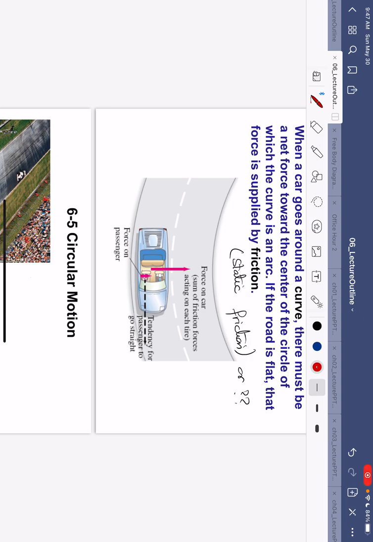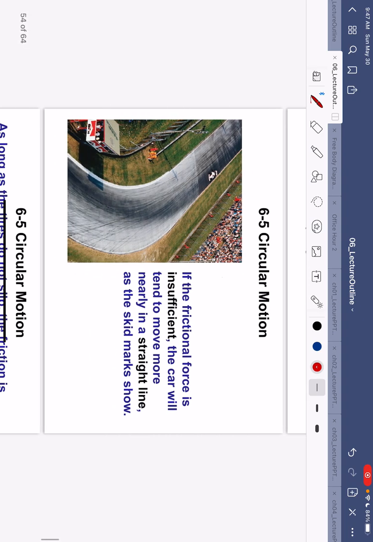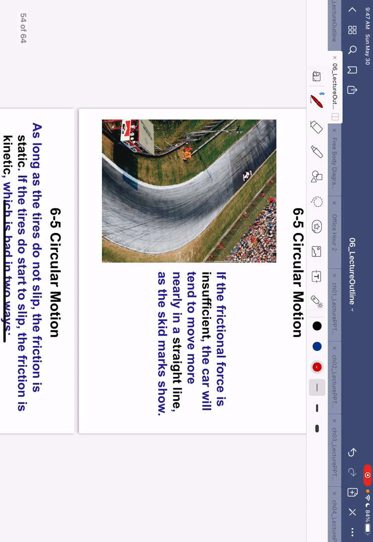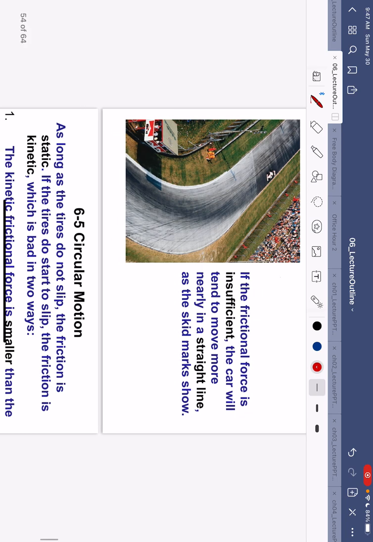The reason is that when we consider the rolling motion of the tires, the tire is momentarily at rest when it has contact with the ground, with the road. If the frictional force is insufficient, the car will tend to move more nearly in a straight line, as the skid marks show. Then it's going to skid.